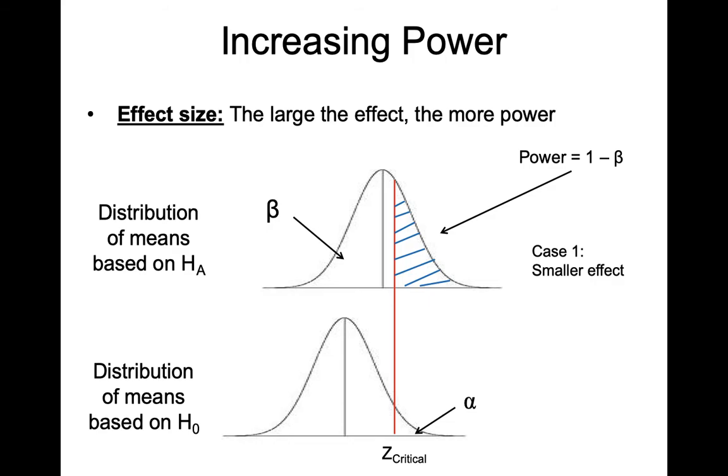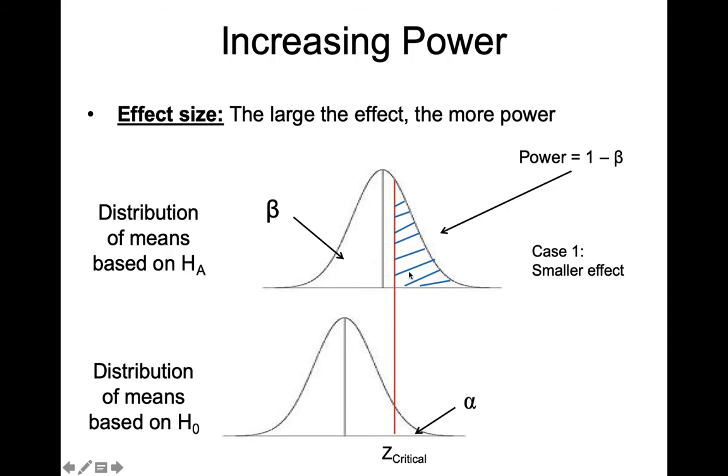Well, here are a couple of influences on power and ways to increase power. One factor is the effect size. Generally speaking, the larger the effect, the more power. What I'm illustrating here is a smaller effect. We've got an effect of our LSAT class.